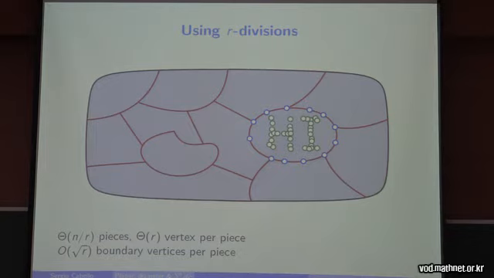So what do you mean by boundary vertices? So the ones that belong to more than one piece. That's the definition of boundary vertex. So in particular, basically what you want is that any path that starts inside and goes outside has to go through a boundary vertex. That's a condition that you need.